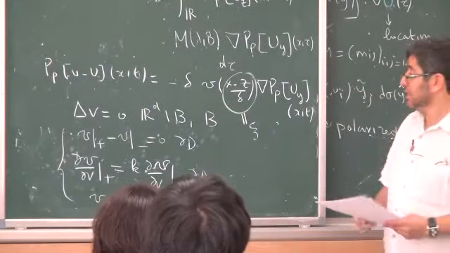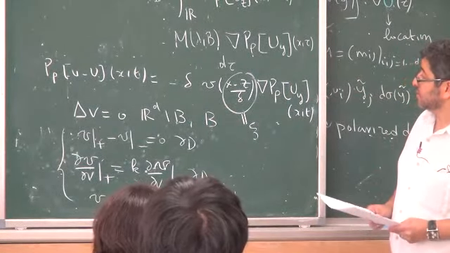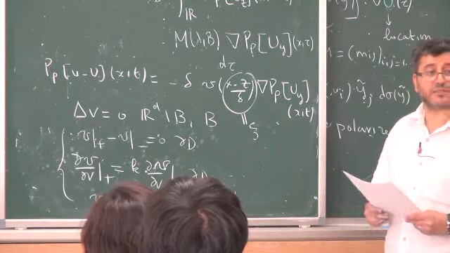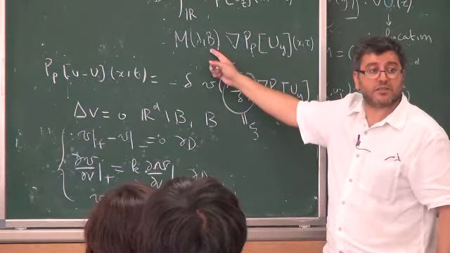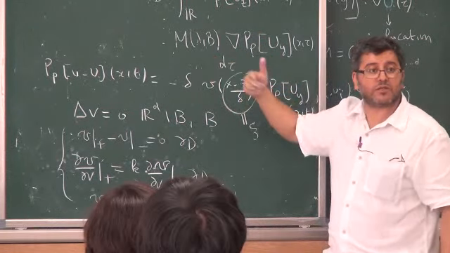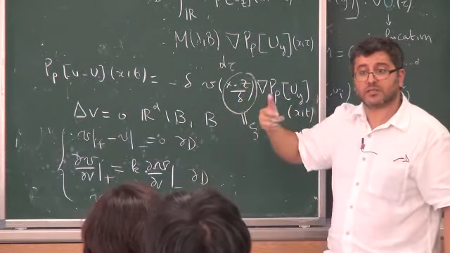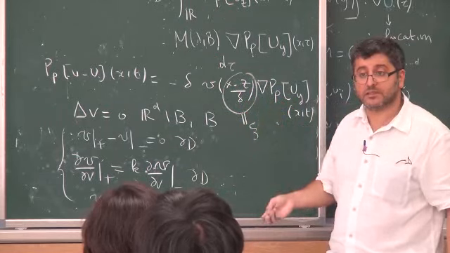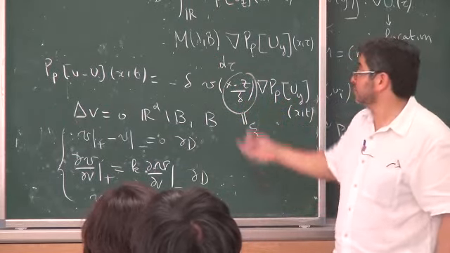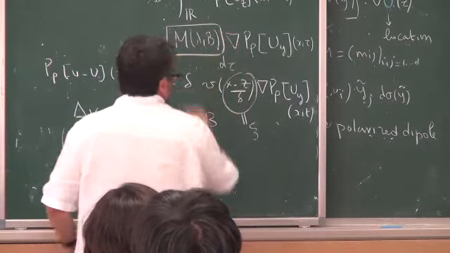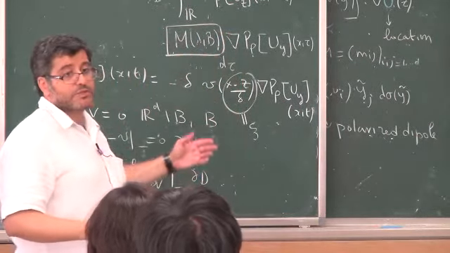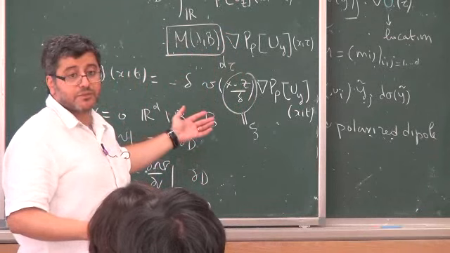So this is V, and it's a function. Here M is not a function. It's a kind of overall effect, what you see far away from the inclusion.